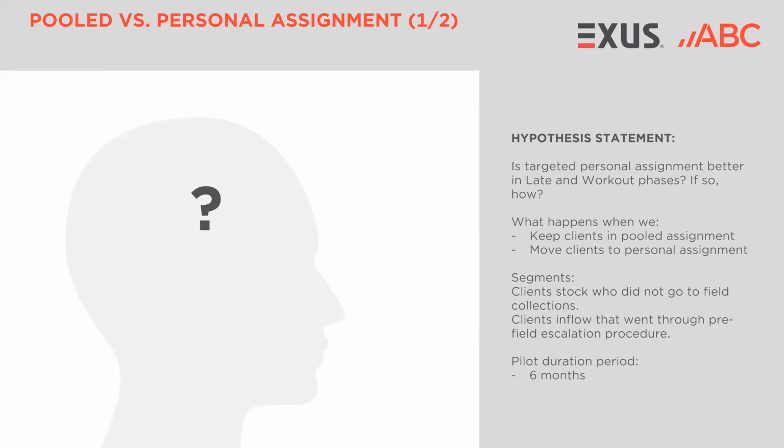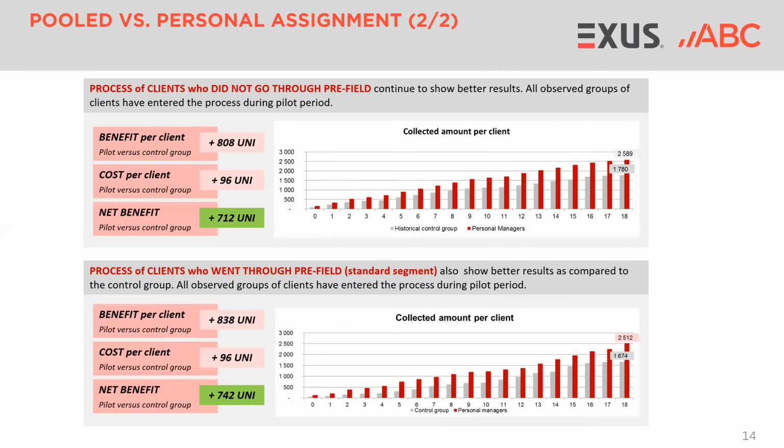It was a 6 month long assignment, and we had a pool of clients who didn't go to field collections but were still in collections. And there we had those who moved through the procedure. So let's jump in.